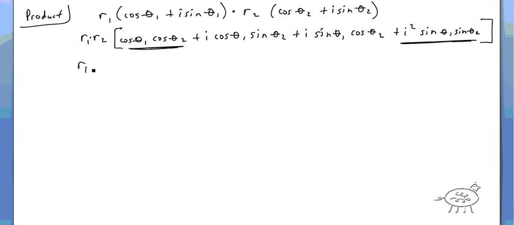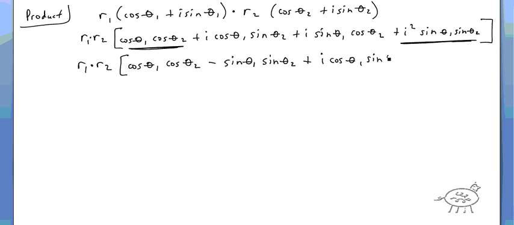So R1 times R2, and it's going to be cosine of theta 1, cosine of theta 2, and then it's going to be minus sine of theta 1, sine of theta 2, and then it's going to be plus I cosine of theta 1 sine of theta 2 plus I sine of theta 1 cosine of theta 2. Okay, so we grouped a little bit together.